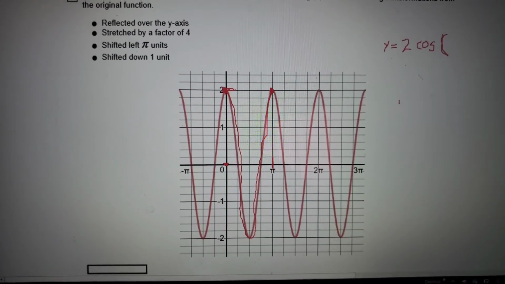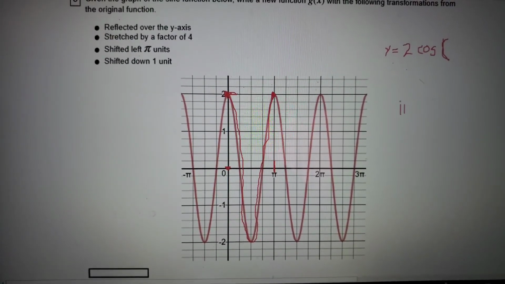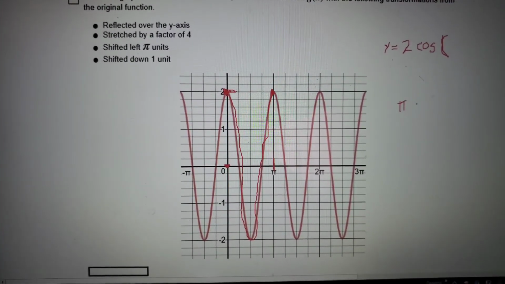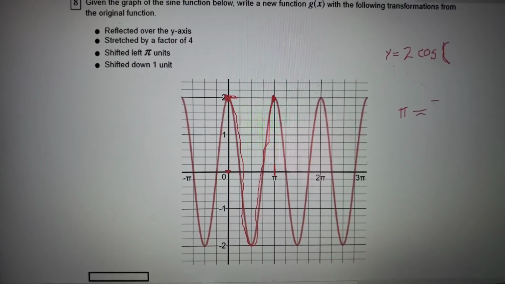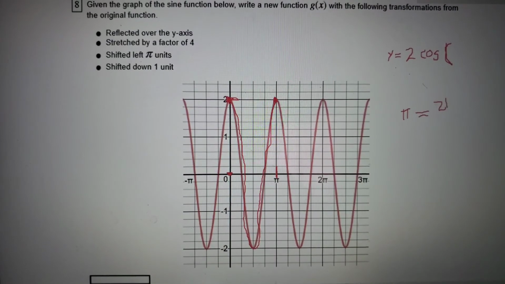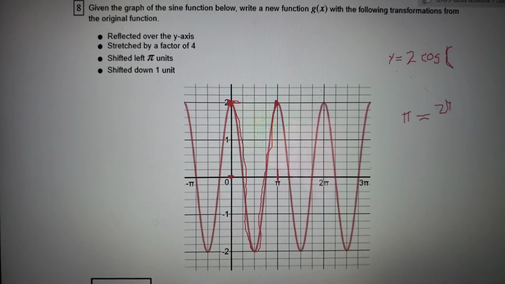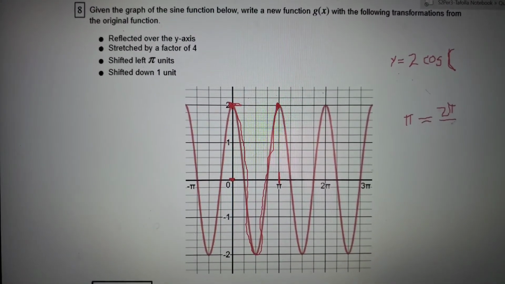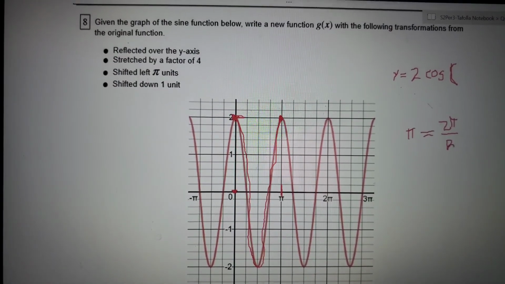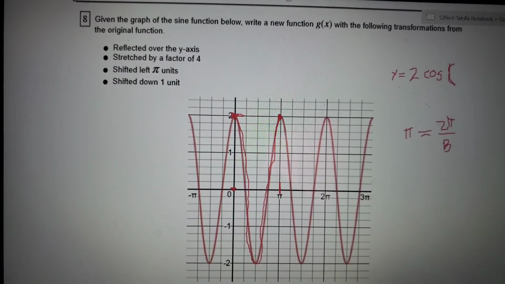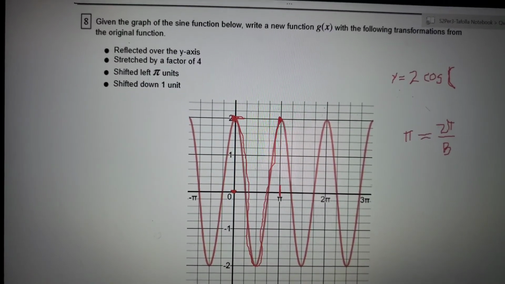My period in this case is pi, and we know period is equal to 2 pi over b. Okay, what I can do here is just switch the pi and the b.